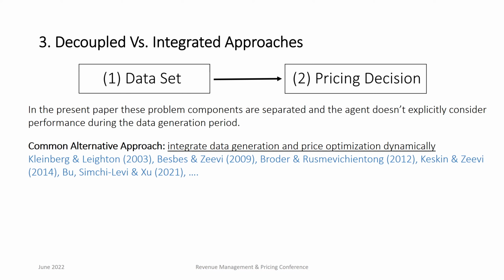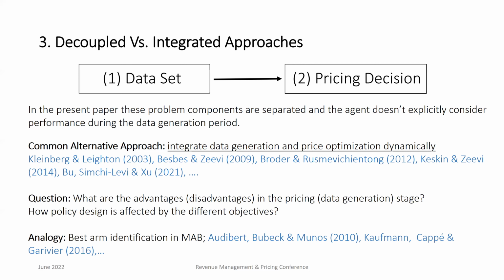They try to understand how to characterize these trade-offs and how these trade-offs basically balance the generation of useful information and optimization along the path, and basically integrate the data generation question and the price optimization question together. And naturally, a sensible approach that has been followed by various studies, various papers in our community.